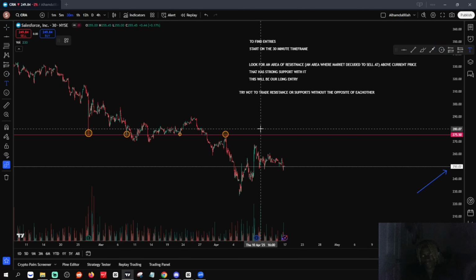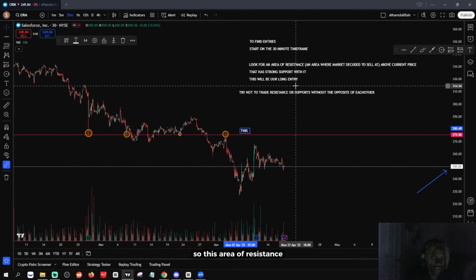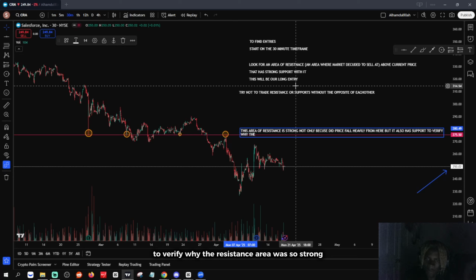So this area of resistance is strong, not only because price fell heavily from here, but it also has support to verify why the resistance area was so strong.